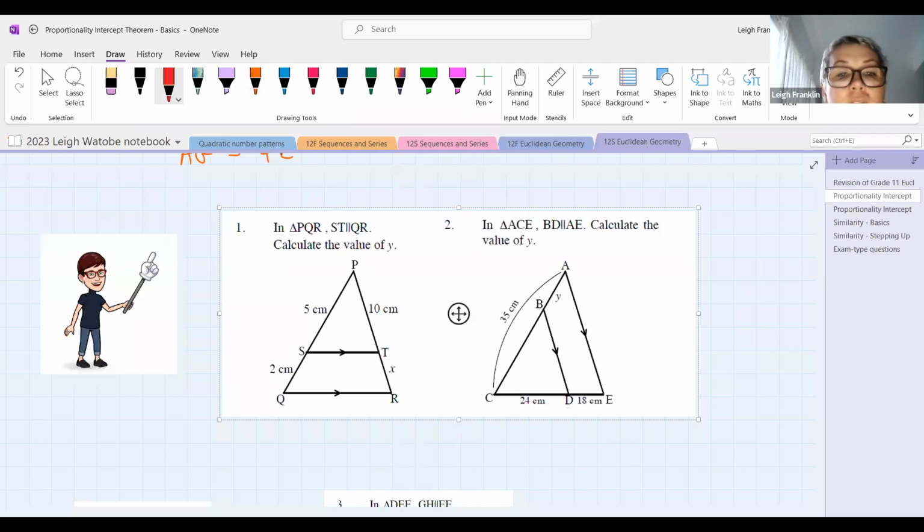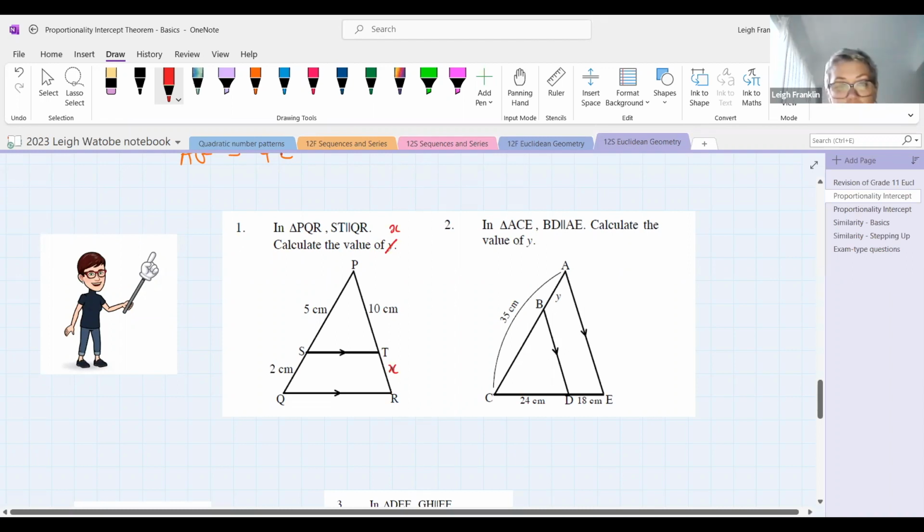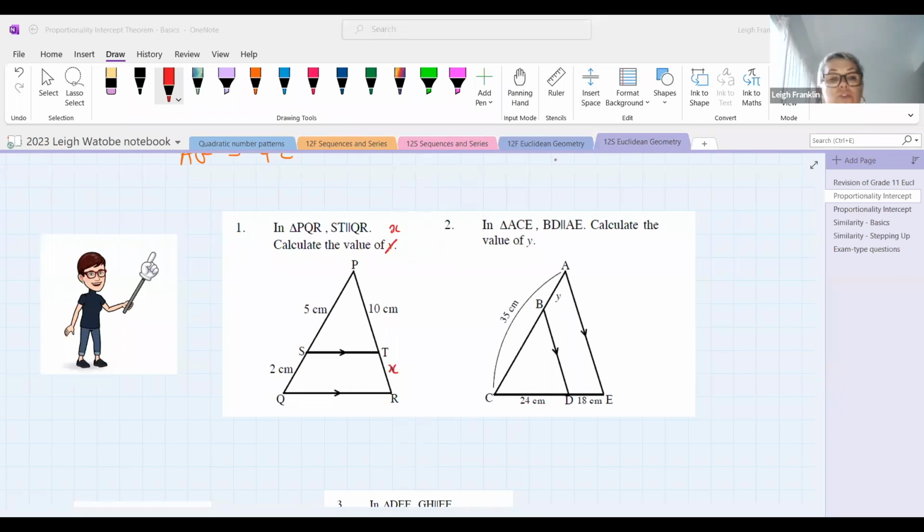This says calculate the value of y, it's x, here's x over here. So if you are feeling confident, Rona, you can do 1 and 2. If you're not feeling too confident yet, maybe just do the first one. Okay, so let's try 1 and 2. And if we get that right, we can move on and have a look at some more questions. I'm going to give you guys 5 minutes, and then we will reconvene and talk about our answers.